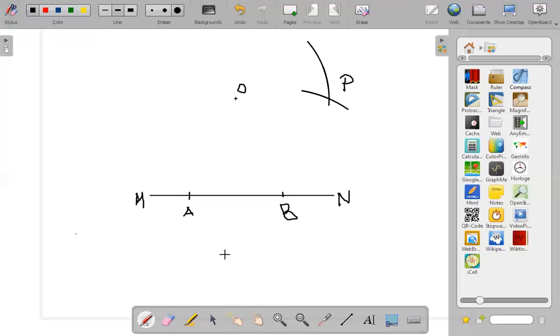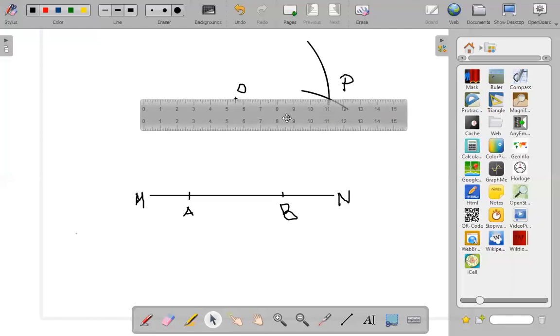All right, next step is to get a ruler. Draw a straight line that will pass through point O and the point of intersection of those two arcs. And there we go. Our construction is done.